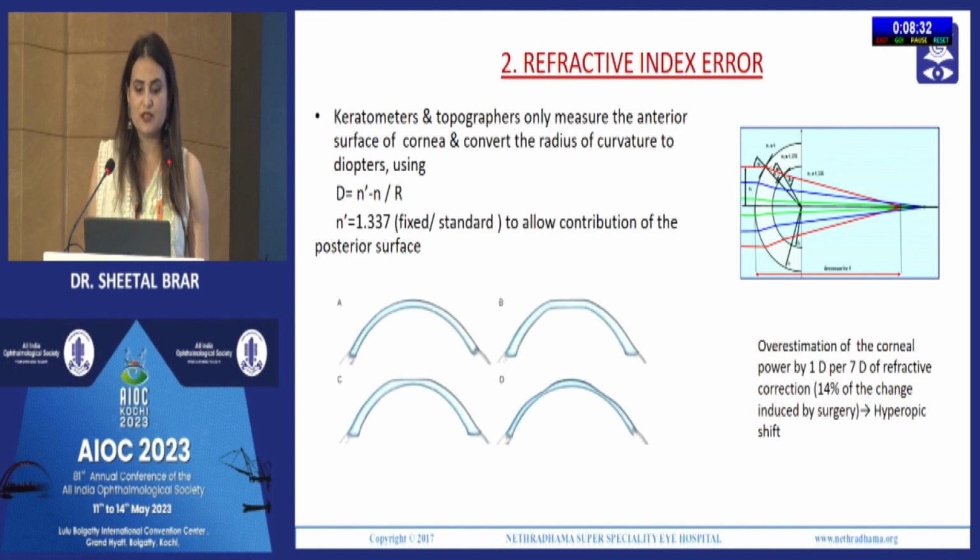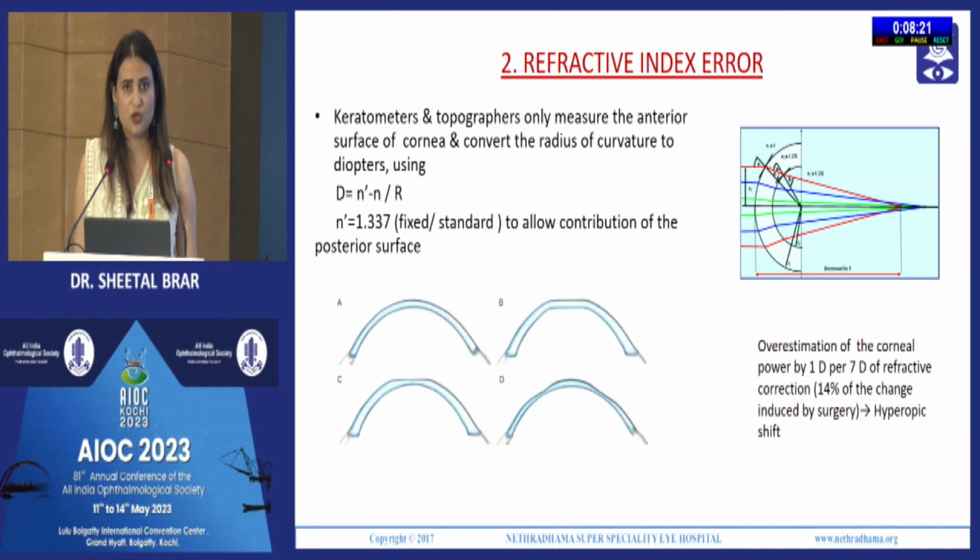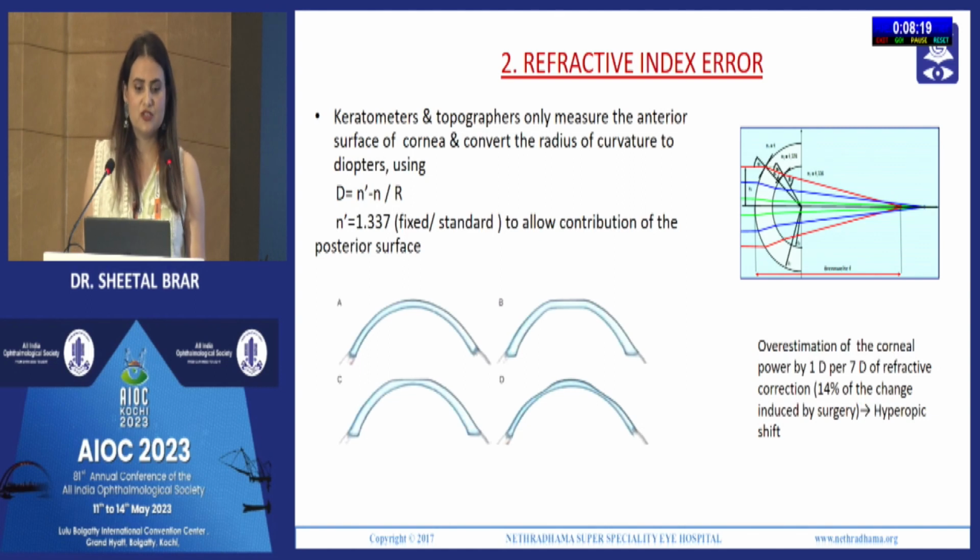Now, this refractive index is used when assuming a normal or constant relationship between the anterior and the posterior surfaces of the cornea. After refractive surgery, this relationship changes because the anterior surface flattens and there is no change in the posterior surface. So this refractive index does not hold good, and hence you can have errors with the IOL power calculation.